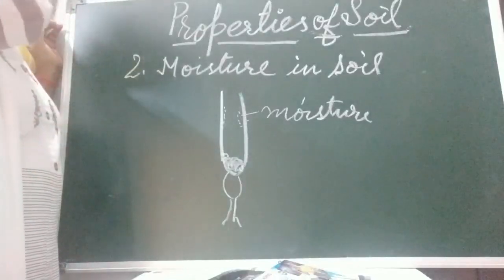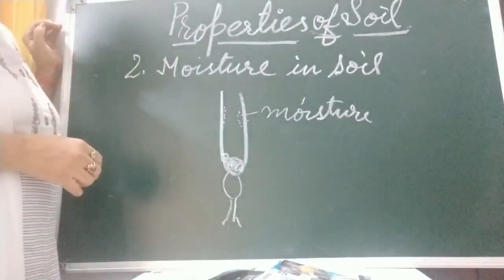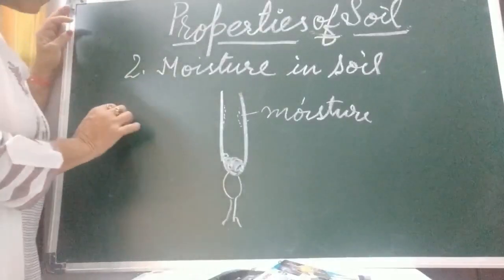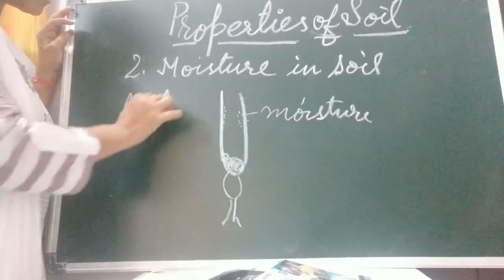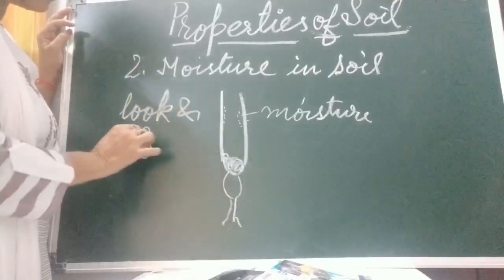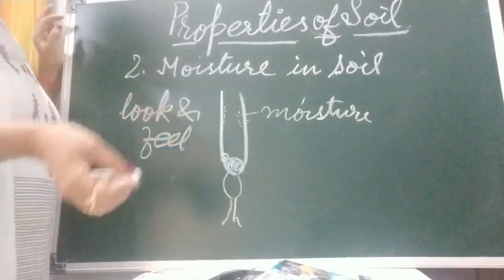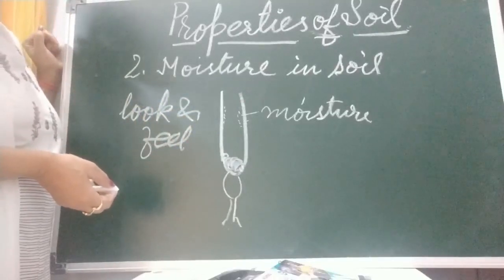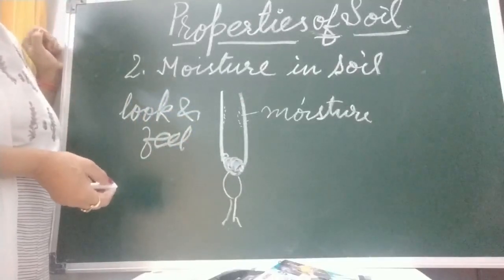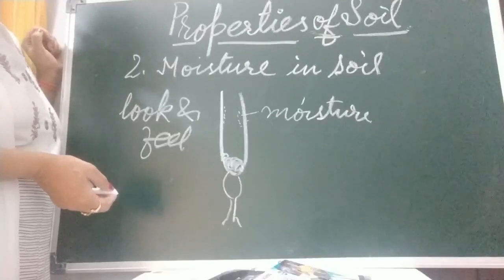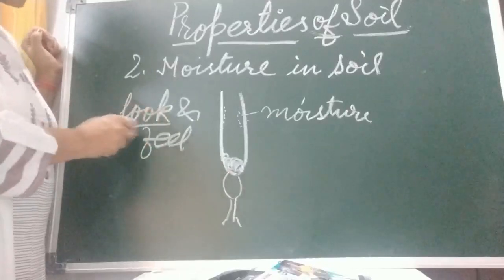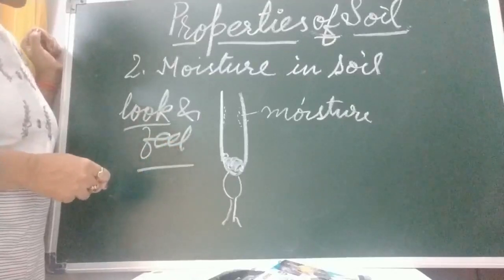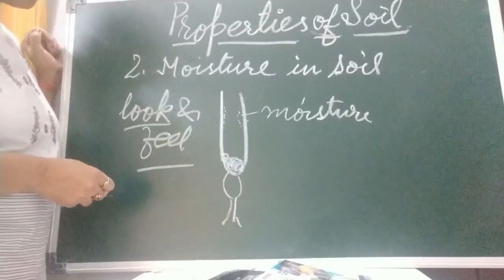We can estimate the moisture content of the soil by the look and feel of it. Like if we see desert soil, what is the moisture content? Almost nil, very less.